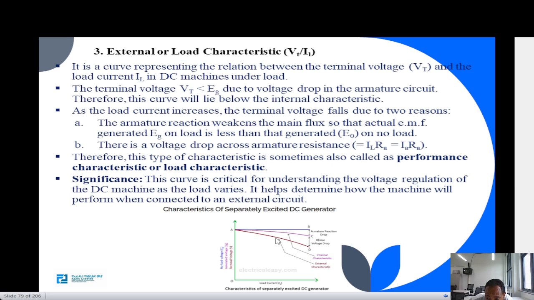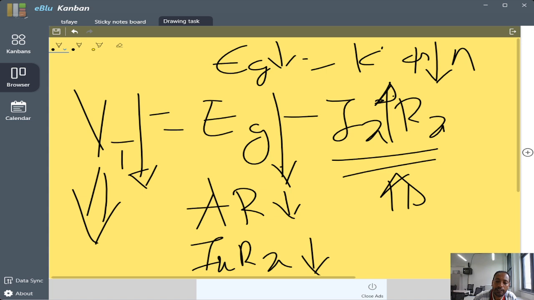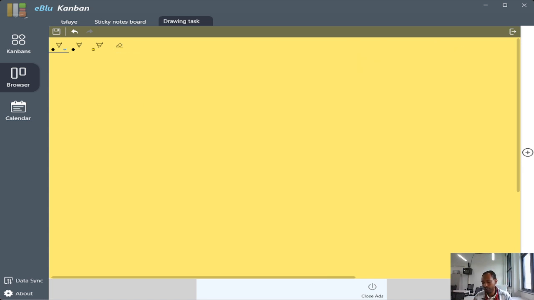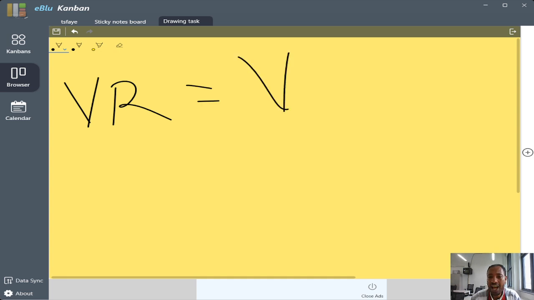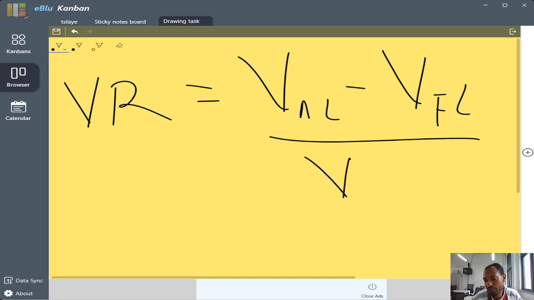Why do we need to know this external characteristics curve? This curve is critical for understanding the voltage regulation of our DC machine as the load varies. Obviously, the quality of a generator is evaluated with its voltage regulation. Voltage regulation means voltage of the generator at no load minus voltage of the generator at full load, divided by voltage of the generator at full load, times 100.